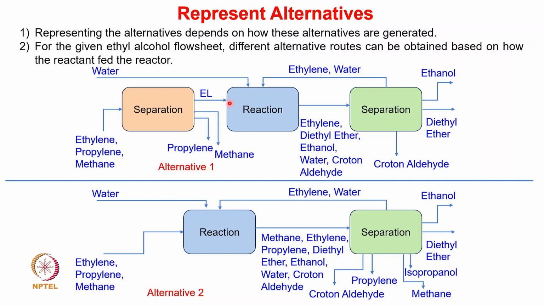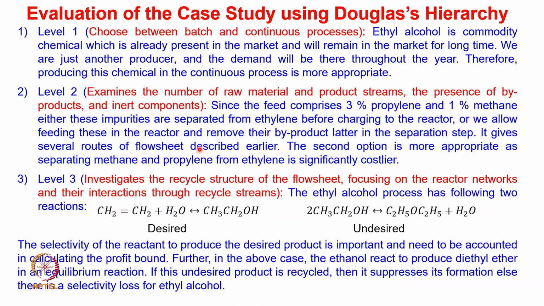Clearly this particular alternative is not viable, but in another alternative the ethylene, propylene and methane mixture is charged to the reactor, and then propylene and methane are separated. Also, byproducts like isopropanol are separated in the subsequent recovery unit. So clearly we can check different options in level 2, and based on that we can select the best option.